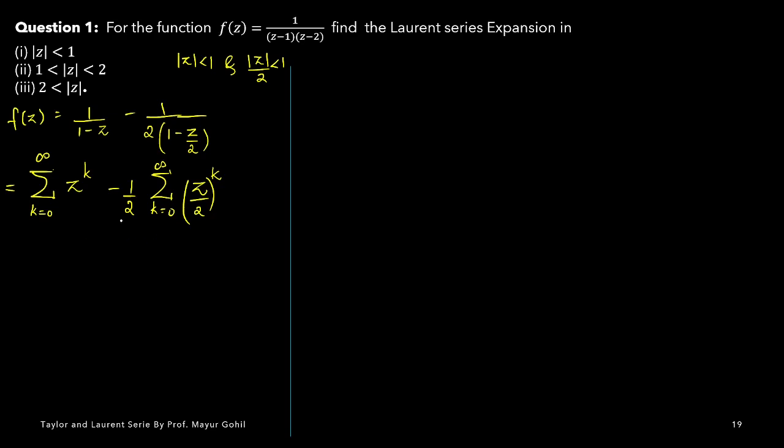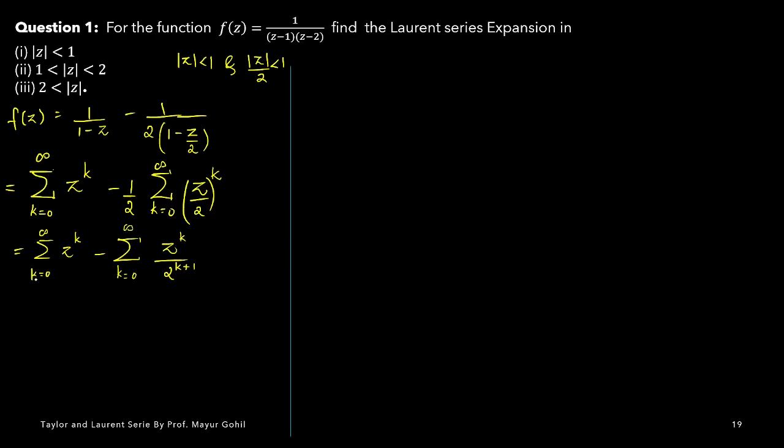Now simplify this. Summation z raised to k, minus, now this minus you keep as it is and take this 1 by 2 inside the summation sign, because it is a constant, you can take it there, and here you can write z raised to k over 2 to the power k plus 1, where k goes from 0 to infinity.